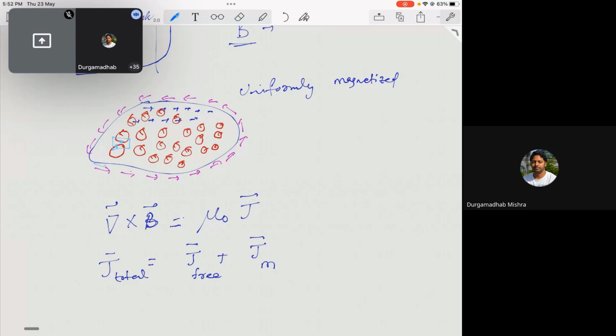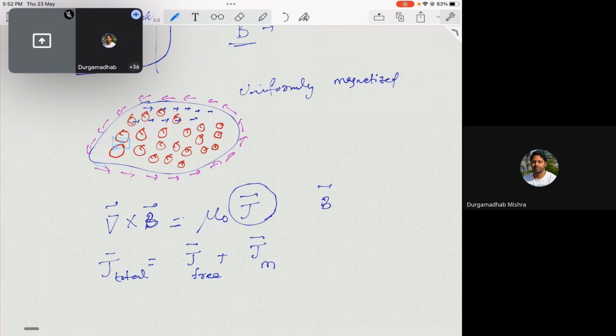Why am I writing it like that? Because this magnetic field B is always produced due to some current density.